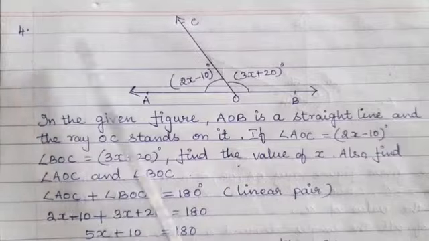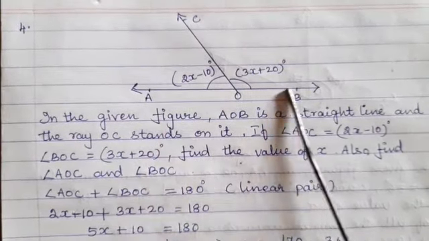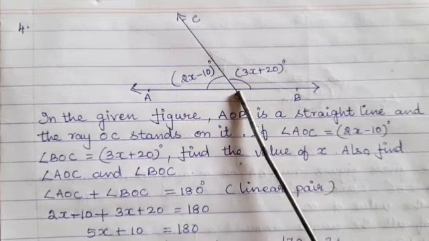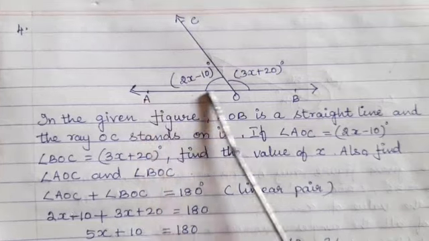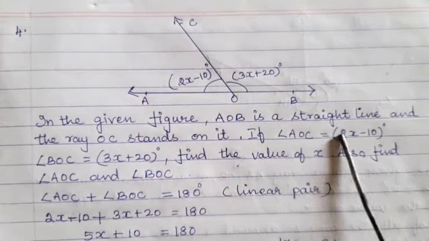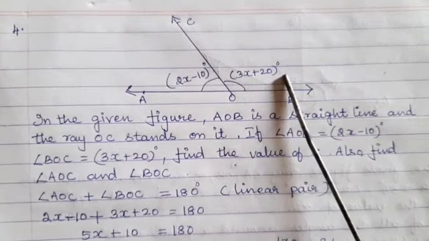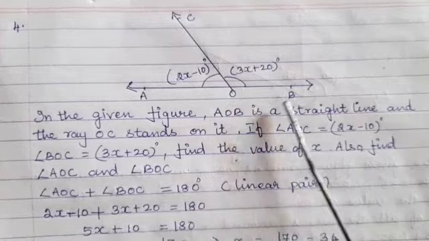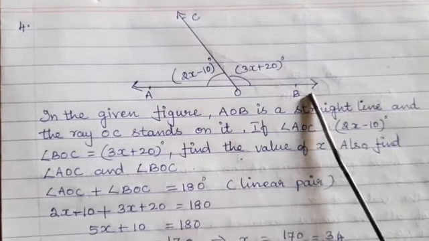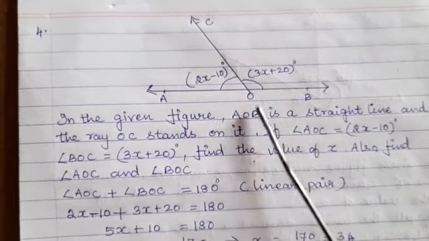Question number 4. See, the figure is given. In the given figure, AOB is a straight line and the ray OC stands on it. If angle AOC is equal to 2x minus 10 degrees and angle BOC is equal to 3x plus 20 degrees, now using the derivations of supplementary angles, complementary angles, linear pair and adjacent angles, we have to solve this problem.